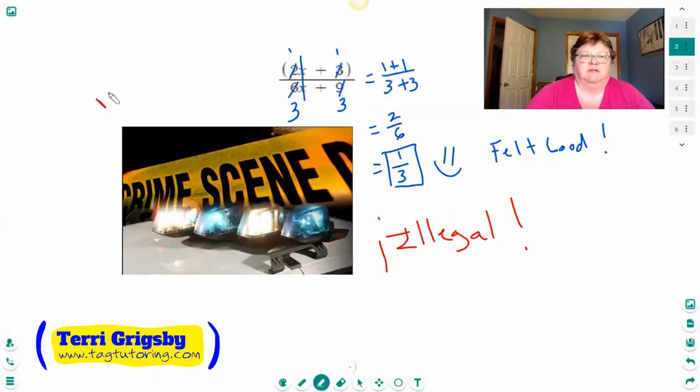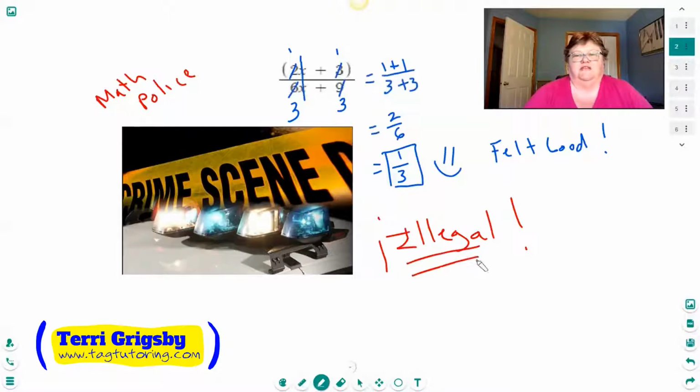And the math police came in. They don't like it when you cancel around a plus or minus sign and don't take the whole term. So this is incorrect. Your smiley face must be turned to an unhappy face, but only for a short time because I'm going to show you how to do this correctly.